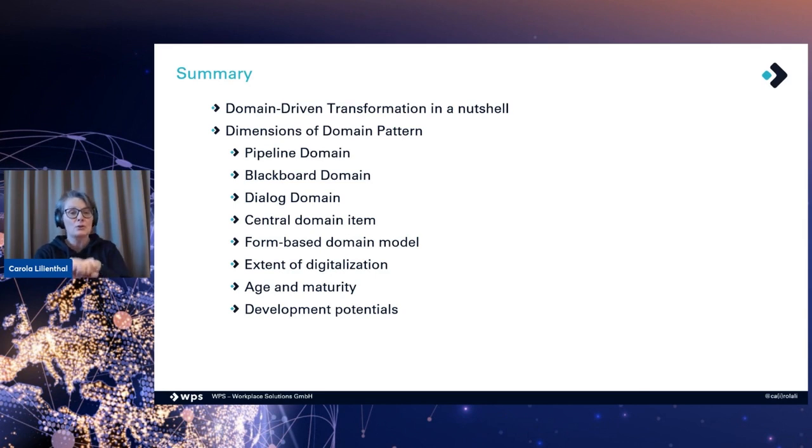I have talked to you about the difficulty to cut into pieces or to break down a software with a central domain item. I have shown you the problems with form-based domain items. I have showed you how important is the question how digitalized my domain has become.